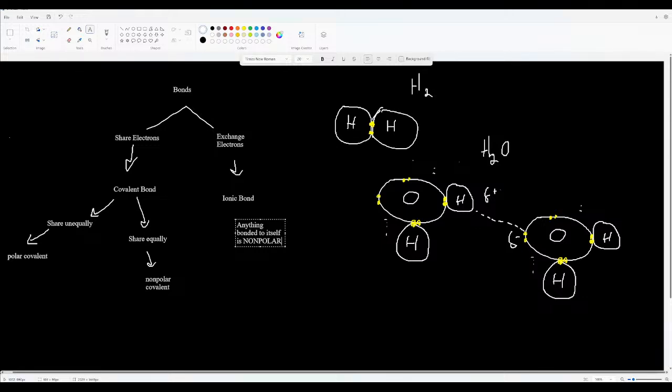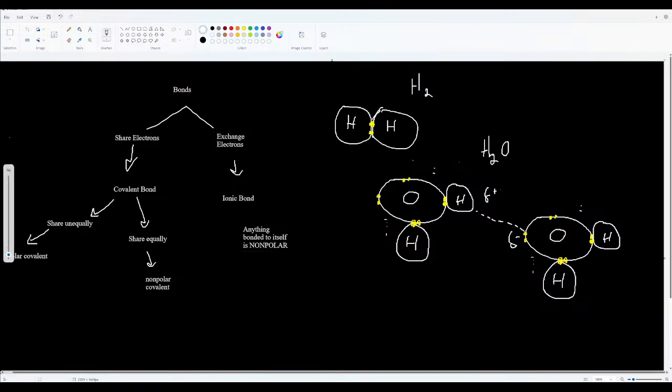Good. So now we know that. So how about everything else? Well, there's only a few bonds that you need to know their properties. Carbon bonded to hydrogen is nonpolar. Carbon bonded to oxygen is polar.